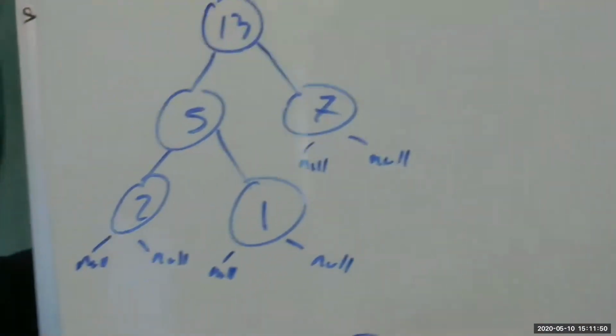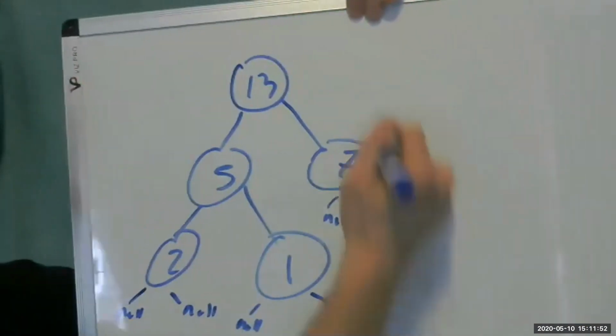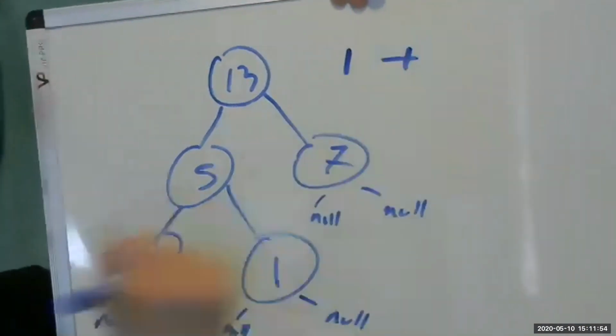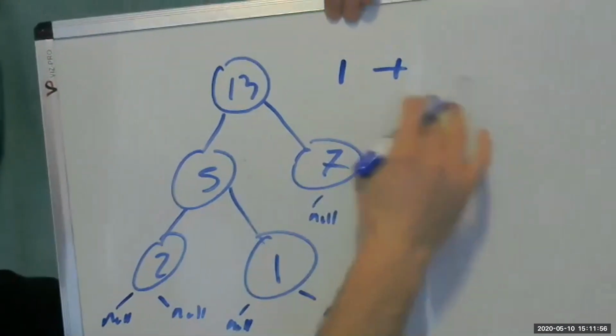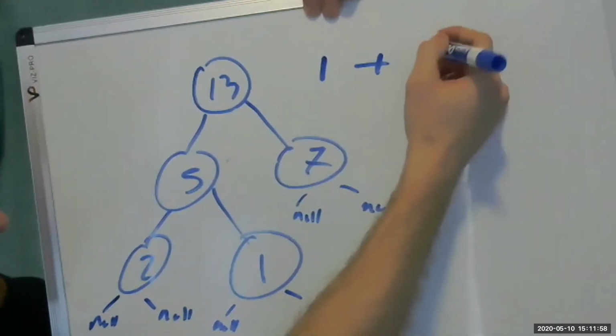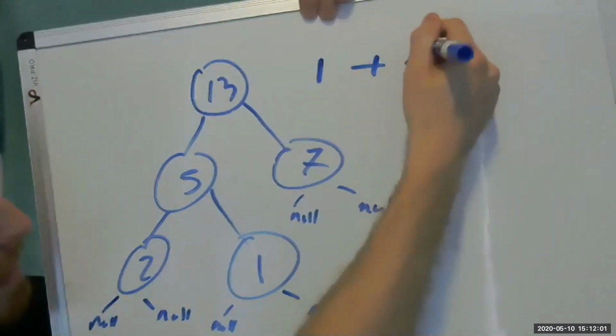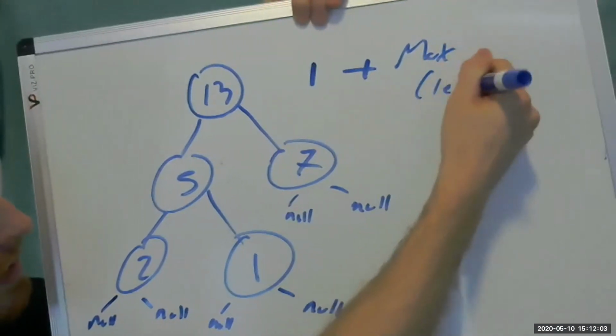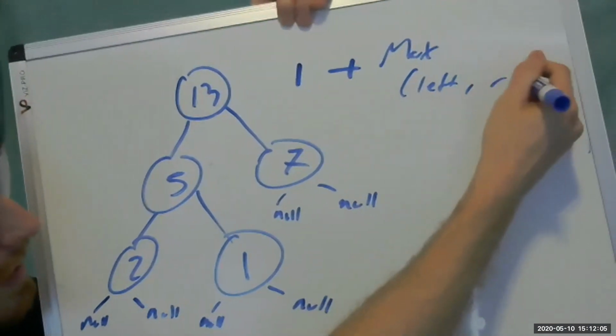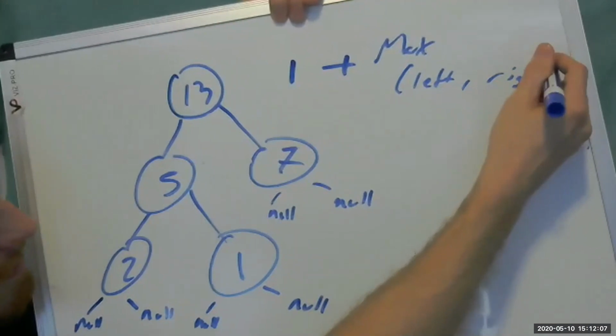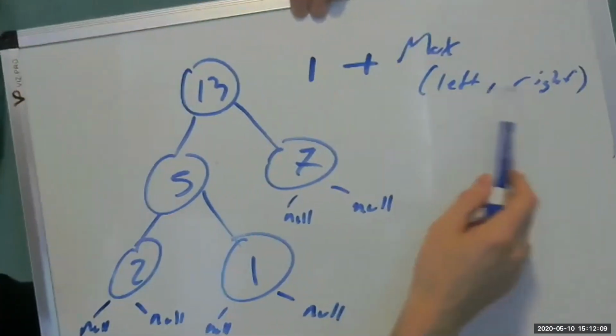So to walk through on this one, we're saying, all right, we have 13. So this is going to be 1 plus whatever we get from the left side and the right side, whichever one is bigger. So we'll say the max of left or right. But that's function calls. These are function calls.